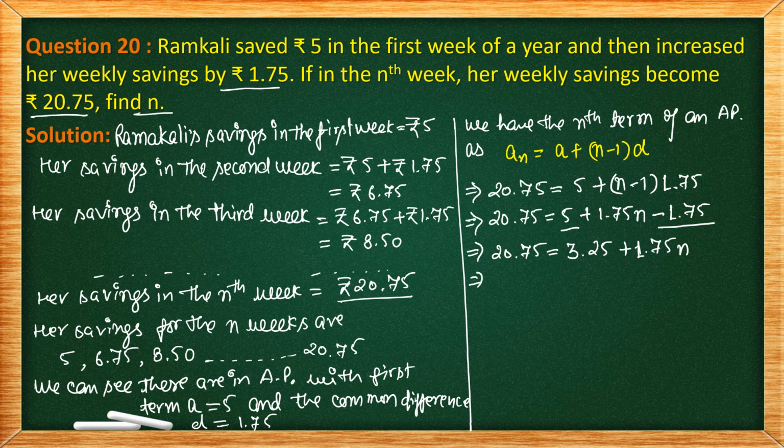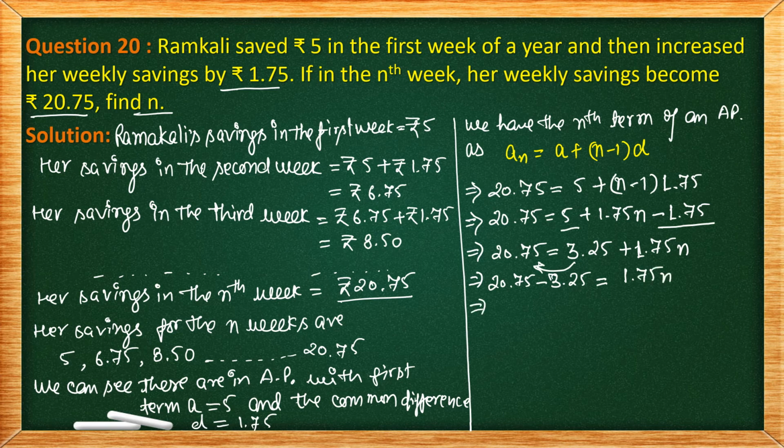Now we'll transpose 3.25 to this side and we will get 20.75 minus 3.25 equals to 1.75 n.